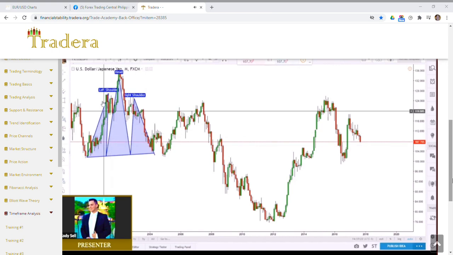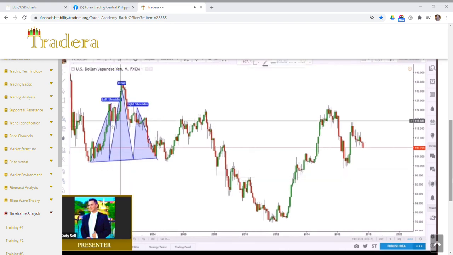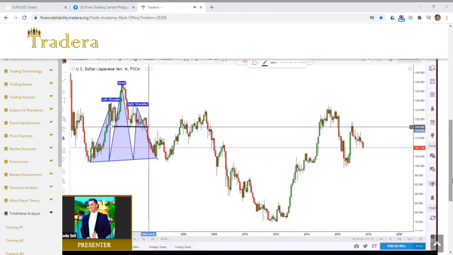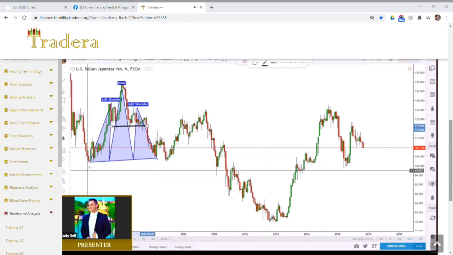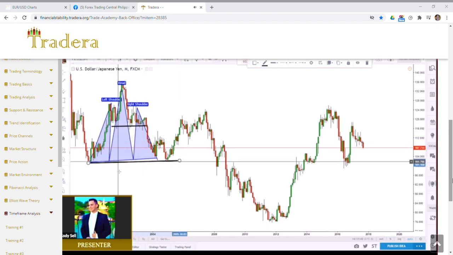Now, the shoulder didn't come all the way down here to form the complete shoulder, but in terms of a neckline, you can see you have a clear neckline from the pattern we originally talked about, and you have a neckline here, and everything for a head and shoulders formation was satisfied. You had a peak, came down, peak, came down, peak, came down, and formed this formation.